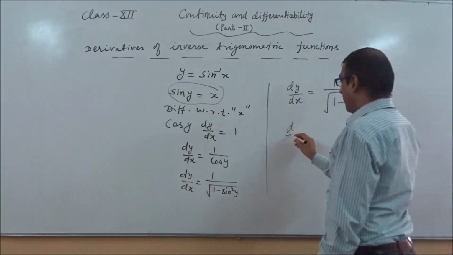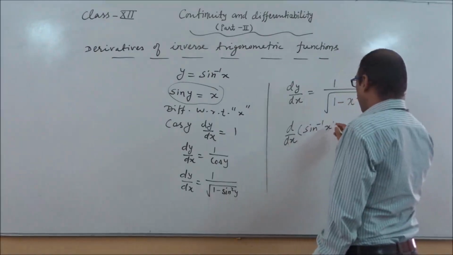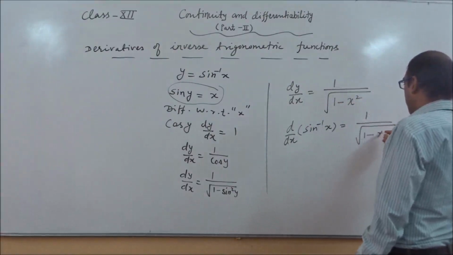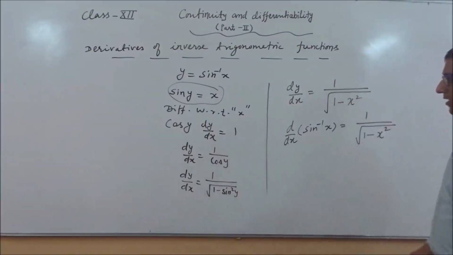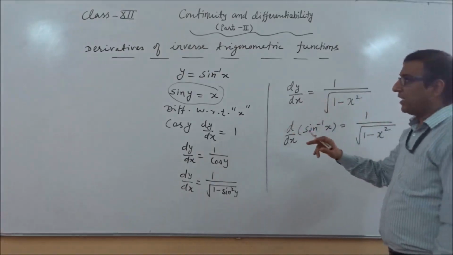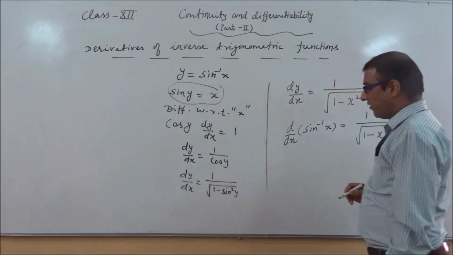So we can say d by dx of sin inverse x equals 1 upon under root 1 minus x square. With the help of this procedure, we will calculate the derivative of any type of inverse trigonometric function.